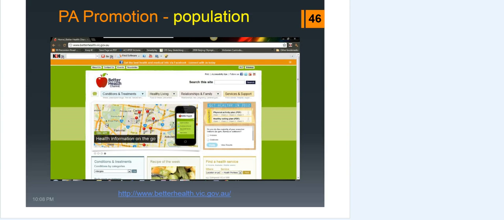So what we're looking at here is a couple of examples as to population promotion using mass media. So the first one, Better Health. And at this point, I'm going to set a task for each of the initiatives that we will look at, talk about.